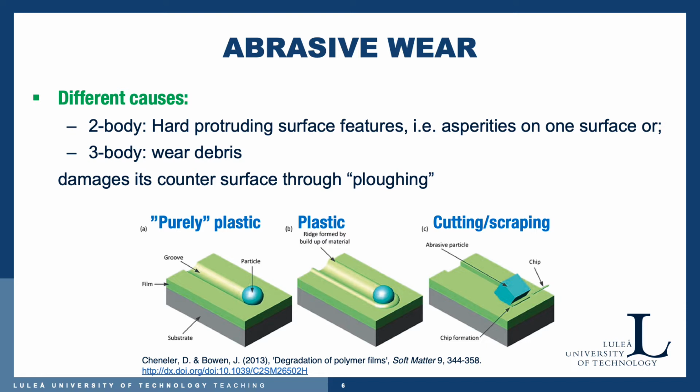Then we have a more realistic plastic type of plowing, where we also form a pile-up in front of the ball, which is then left on the sides as it slides over the surface. And then we have more of a cutting, scraping type of abrasion, where we take loose chips as we plow or scrape through the surface.